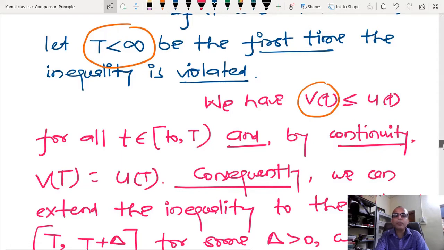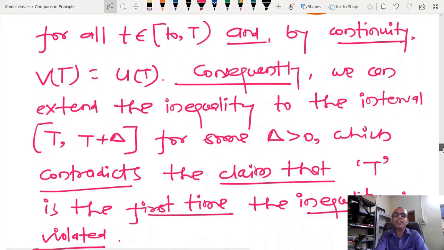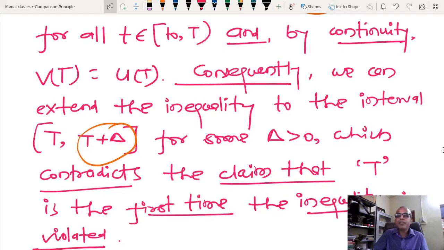So if I know the solution from t0 to t, and it is continuous, then I can extend that argument to t plus delta also, because continuity implies that if I know something at t, then at t plus delta it remains bounded. Due to that, I know the information about t plus delta also.